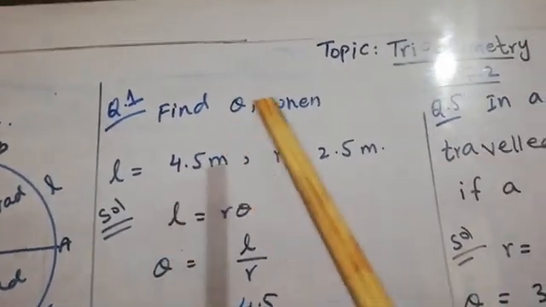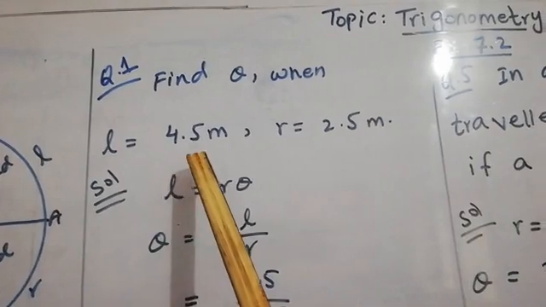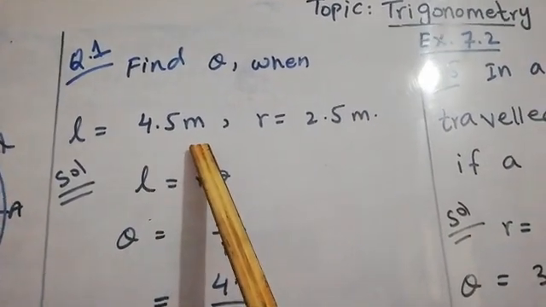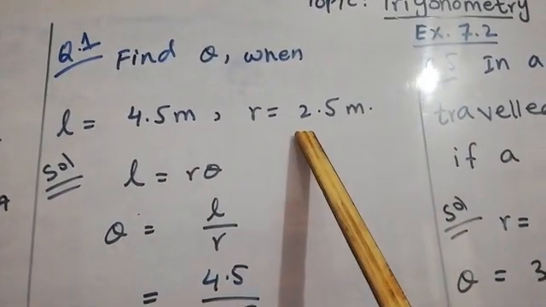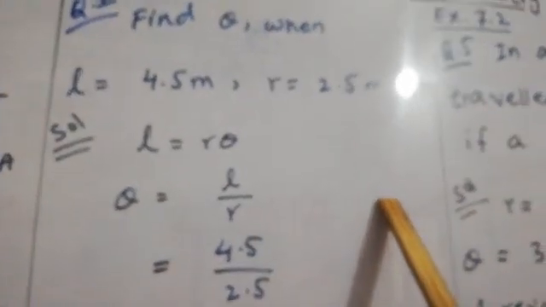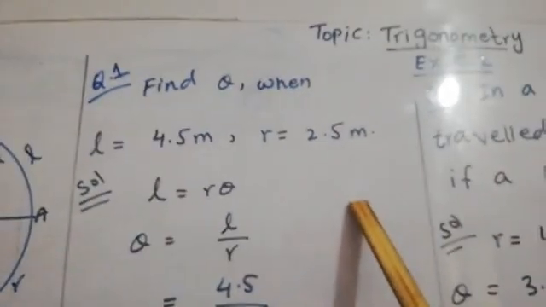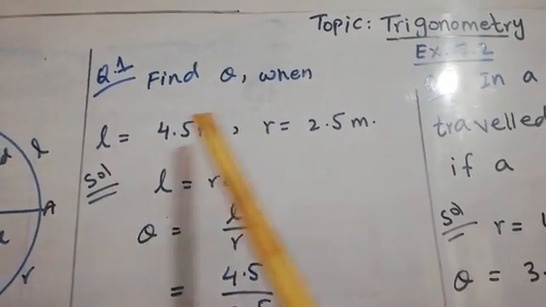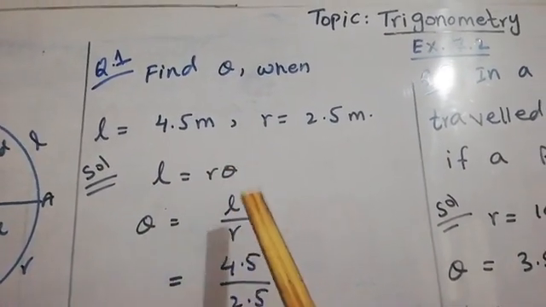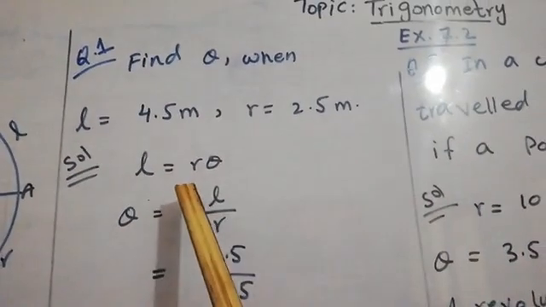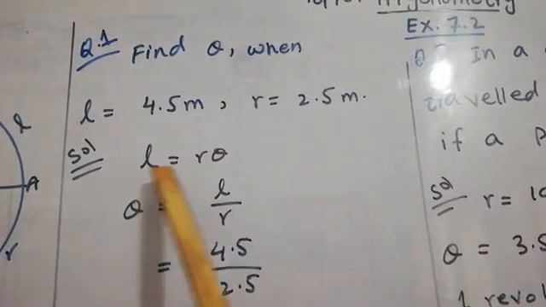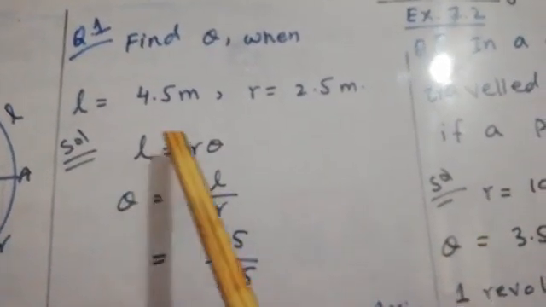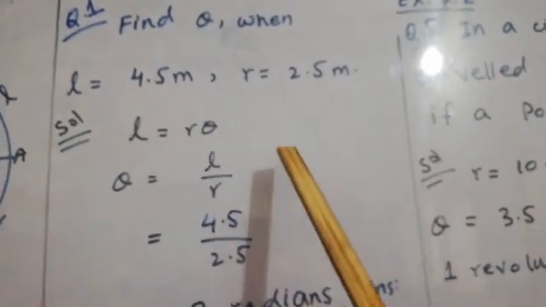Question number 1: find theta when length is equal to 4.5 meters and radius is equal to 2.5 meters. Dear students, you can see that 3 values are involved: L, theta and r. So we will write the equation L is equal to r theta, the relation between the length of the arc, the radius and theta.